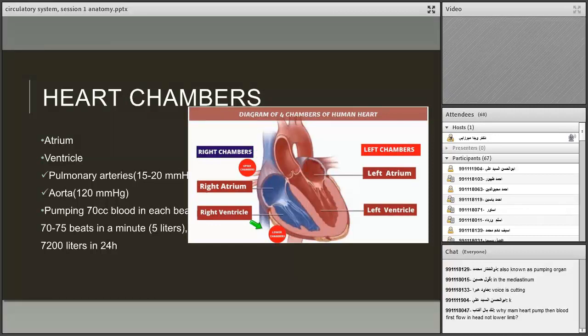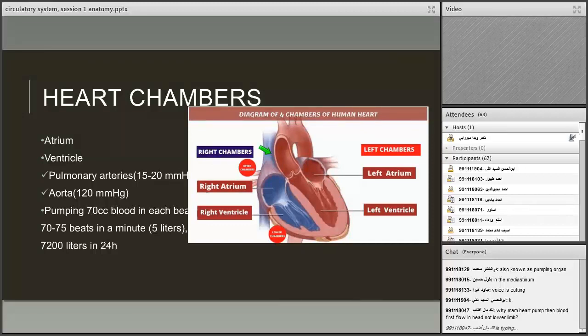One of these vessels is the superior vena cava, the other is the inferior vena cava. The superior and inferior vena cavae carry the deoxygenated blood from different parts of the body to the right atrium. Pay attention, please.